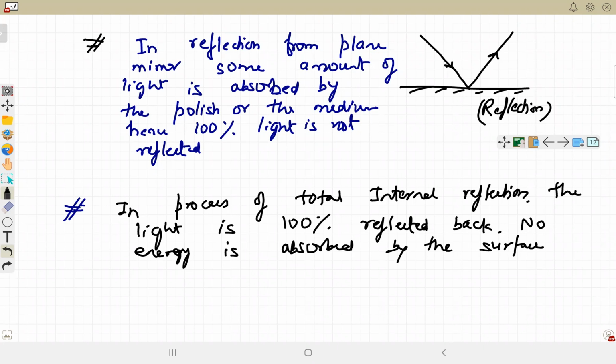When we have to do reflection, we don't use the normal plane mirror. Instead, we use a prism causing total internal reflection.